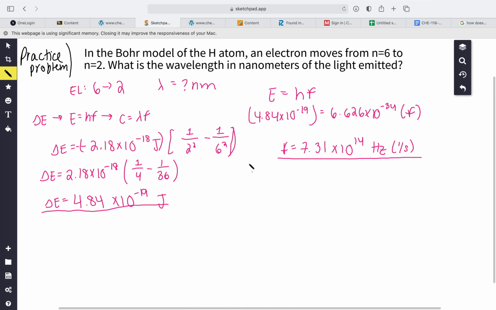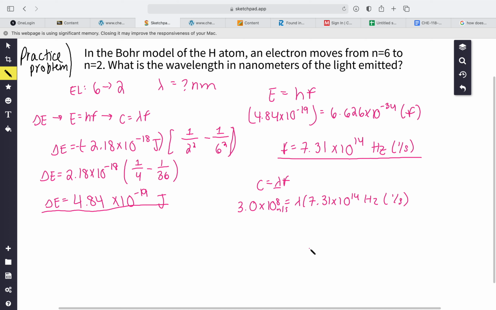Okay, so the next one I'm going to do is c is equal to lambda f, and we're solving for lambda, so we're finally getting what we need. So c is equal to 3 times 10 to the 8th, which is equal to lambda times that frequency we just got, 10 to the 14th hertz, or 1 over seconds. Just as a reminder, this is in meters per second, so we are going to have to do another conversion after that, but that is okay.